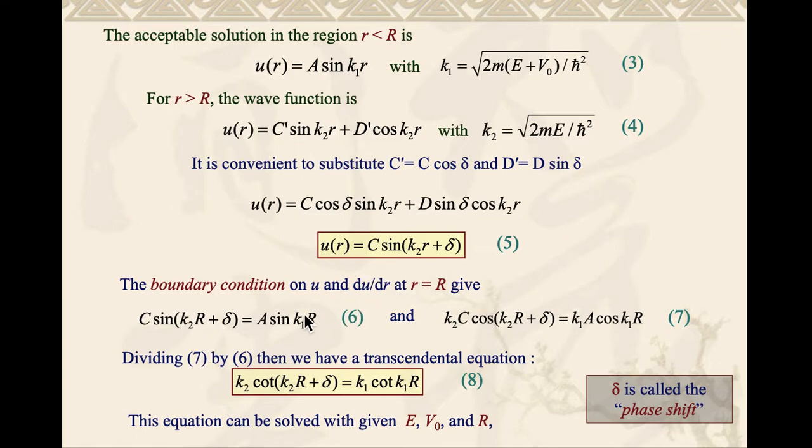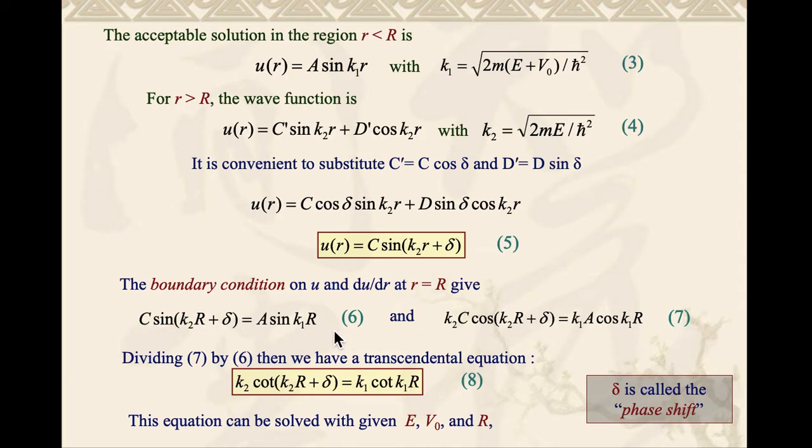So we have this equation, sin k1r and this one. So at the boundary, c sin of k2r plus delta is equal to a sin k1r, and their derivatives, it is k2 c cos of k2r plus delta equal to k1 a cos k1r.